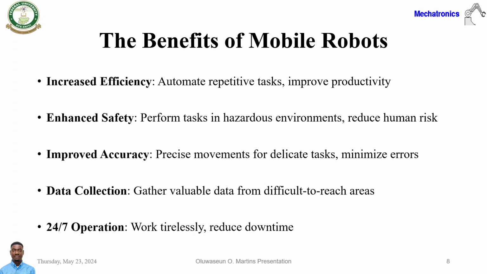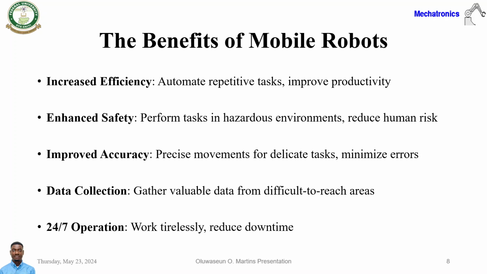The first is it increases efficiency because most of the tasks that are done are repetitive, and for humans we get fatigued when we carry out repetitive tasks. So mobile robots can do that without fatigue, and you can have your productivity improved.